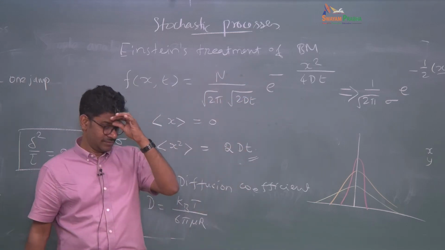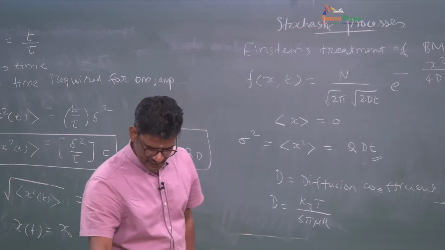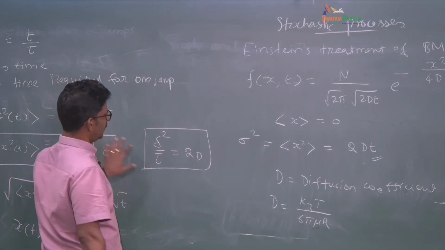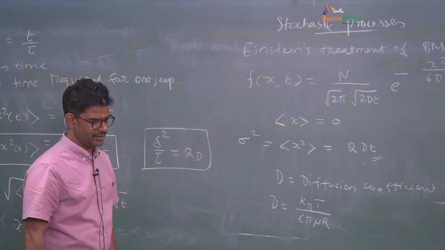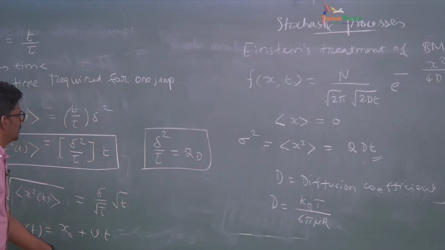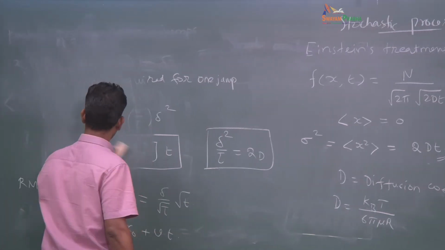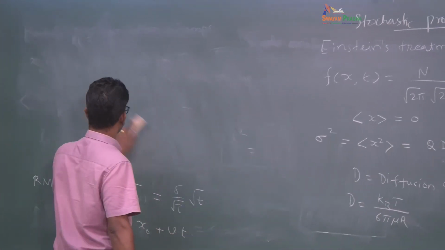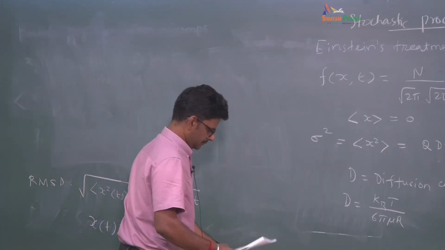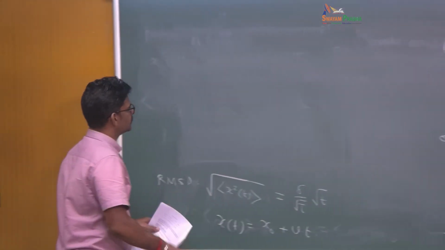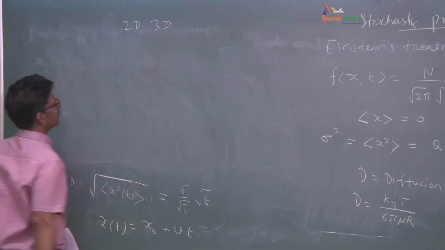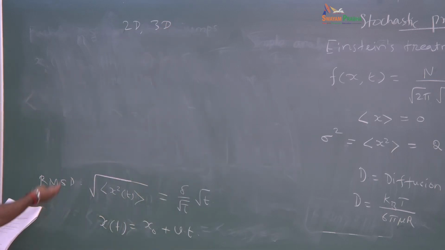Okay, so what we have done is a one-dimensional random walk, and we predicted all this. Now we can extend this to 2 dimensions and 3 dimensions, because that is more realistic from a practical point of view. So when you look at 2D or 3D, you can make the same kind of statement.